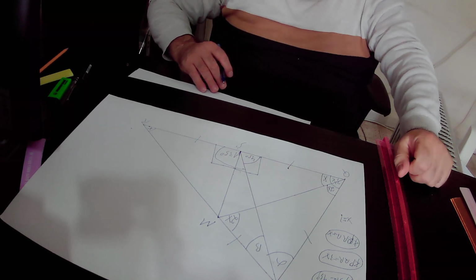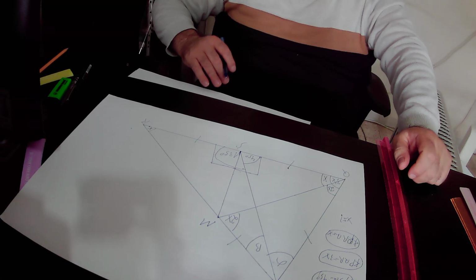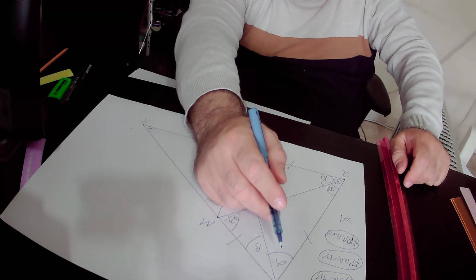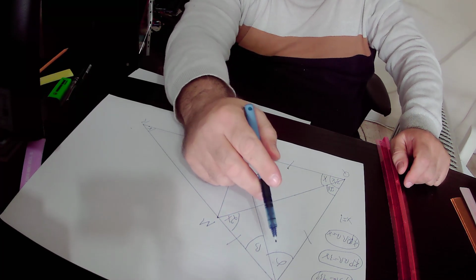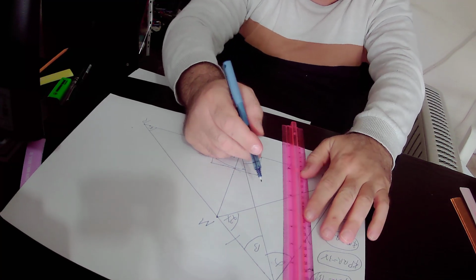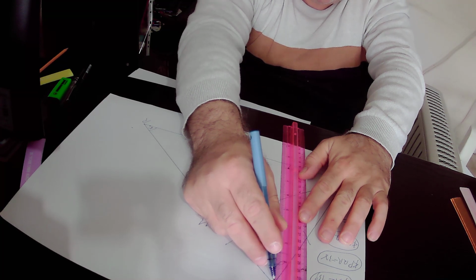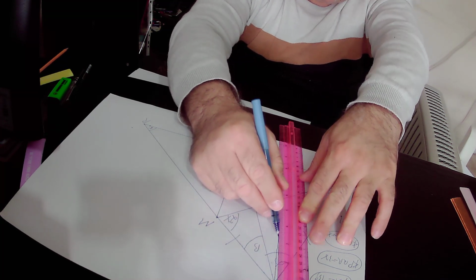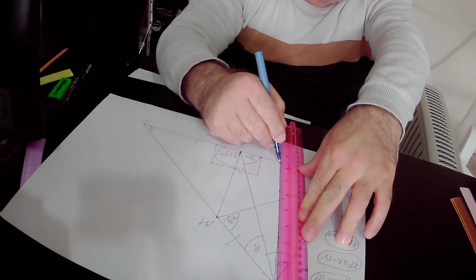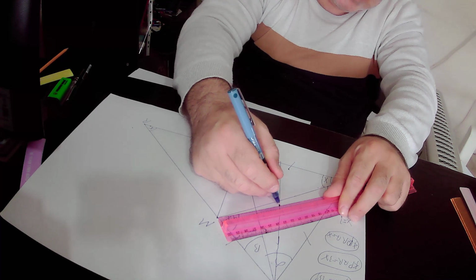And we will draw a perpendicular from point P to QN, and we will extend it until it touches QS. So those two angles are right angles.